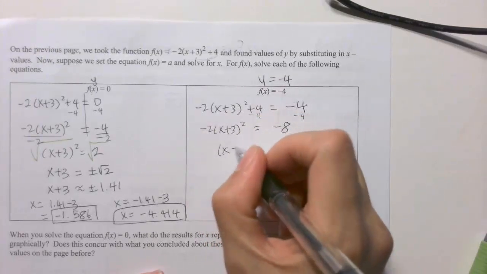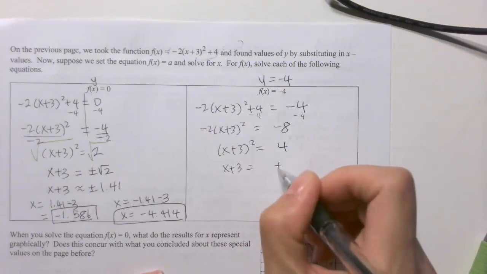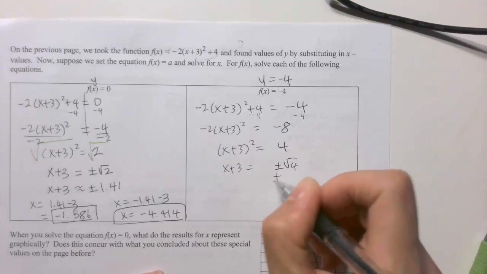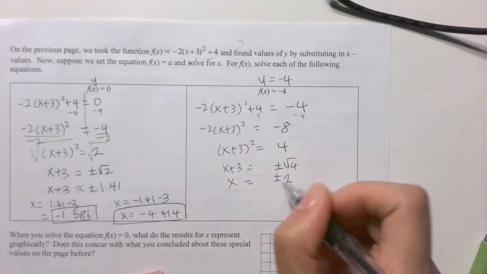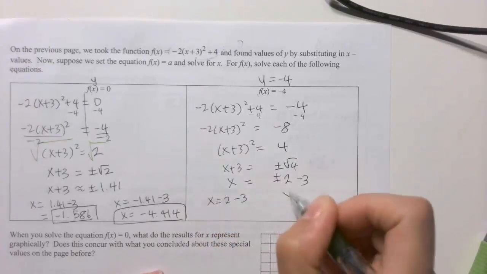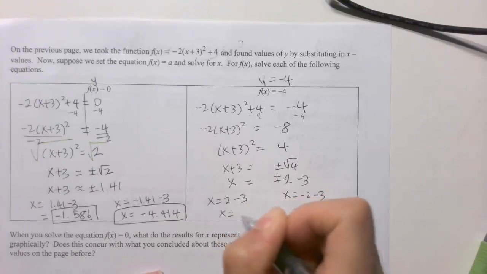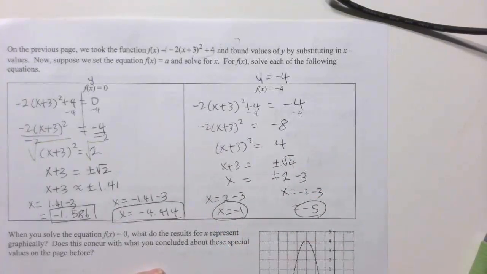Divide by -2. Square root both sides. By the way, square root of 4 is 2. So x is equal to plus or minus 2 minus 3. So x is equal to 2 minus 3, and x is equal to -2 minus 3. So it's -1, and x is equal to -5. So 2 x values.